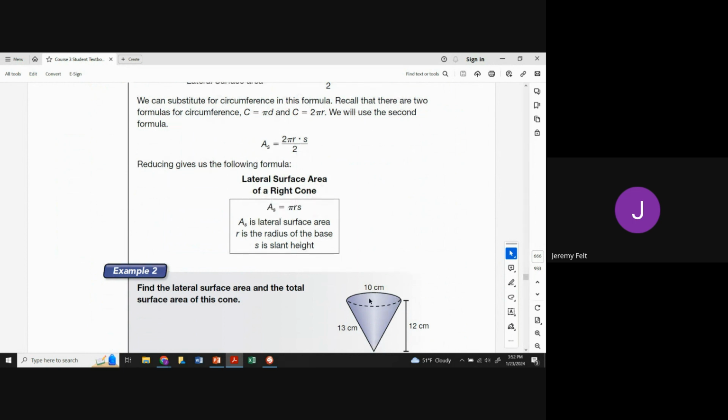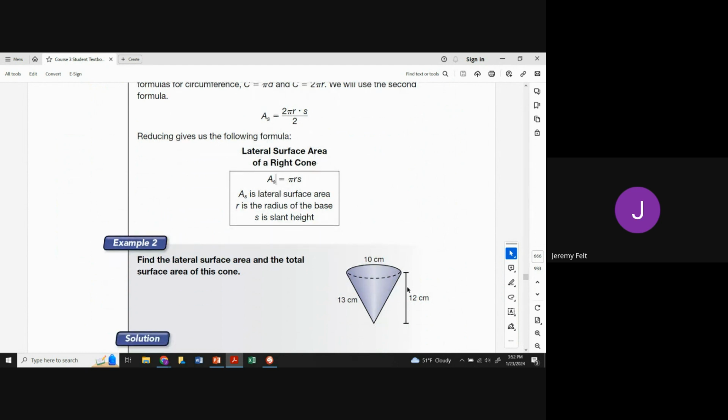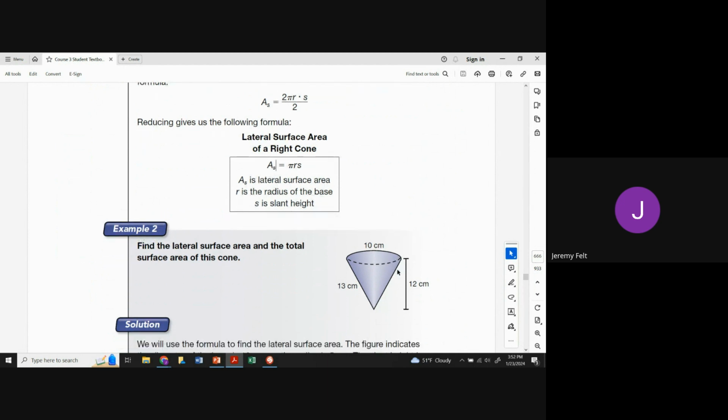So if we're looking at this one right here, find the lateral surface area and the total surface area of the cone. The height is 12, the slant height is 13. It's not drawn too clearly, but it looks like the diameter is 10 centimeters. So that means the radius is 5.